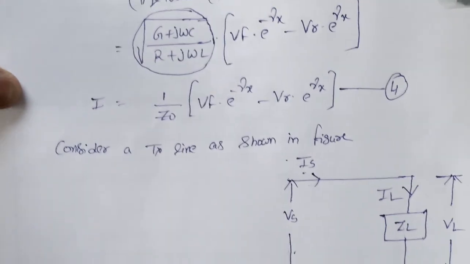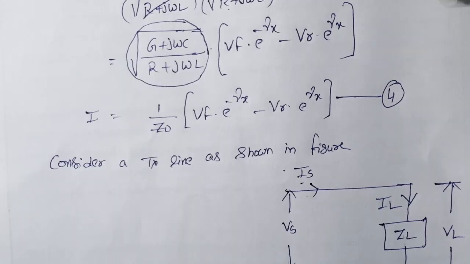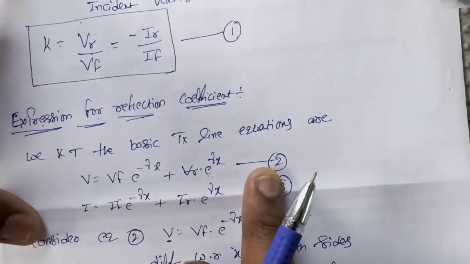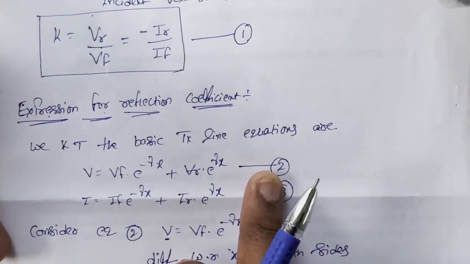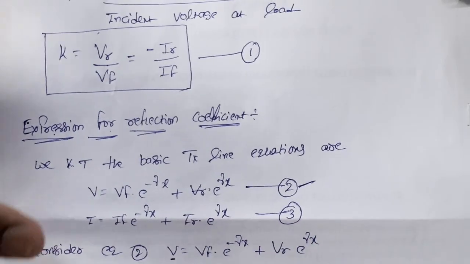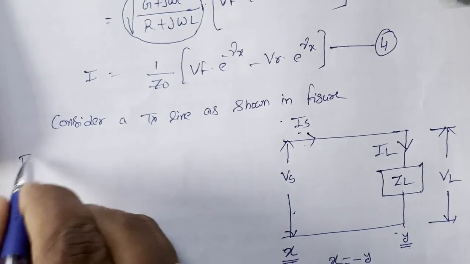This is the fourth equation we have already derived right now, and equations 2 and 3 we have already derived. Now I am substituting that condition in equations 2 and 4. First I am writing equation 2.